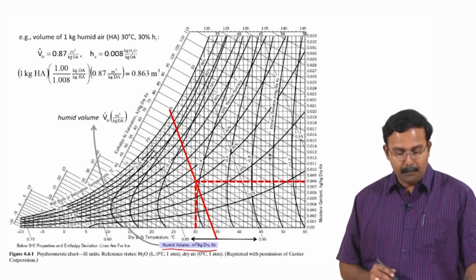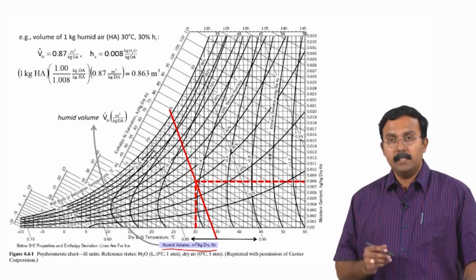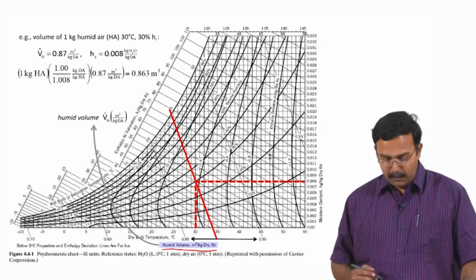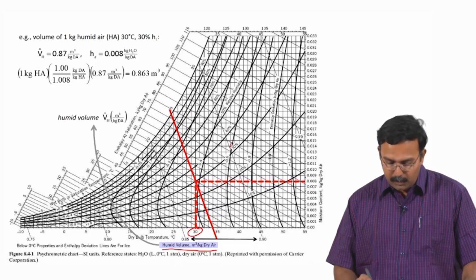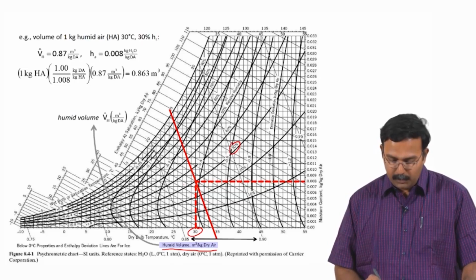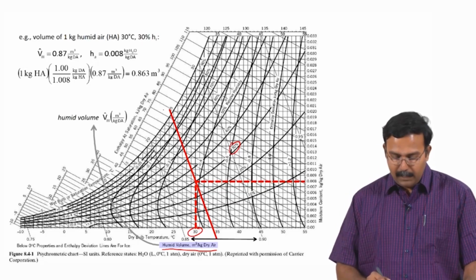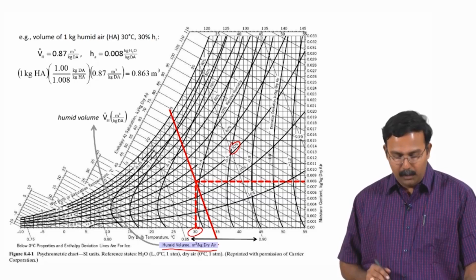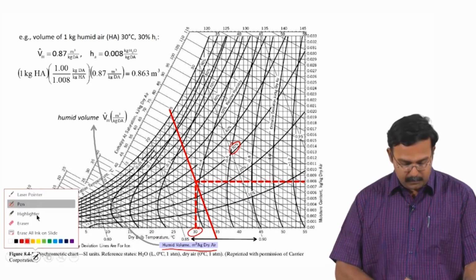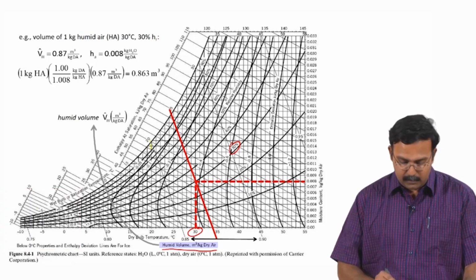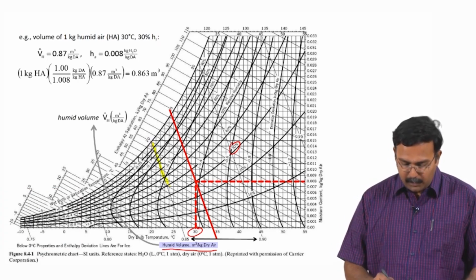Take the example of 30 degrees Celsius and 30% relative humidity. So, this is 30 degrees Celsius and we want to go to the 30% relative humidity curve. We take this line all the way to this point, and from here we can calculate the humid volume by drawing a line parallel to these axes, which are the cross axes. You see these cross plotted axes here.